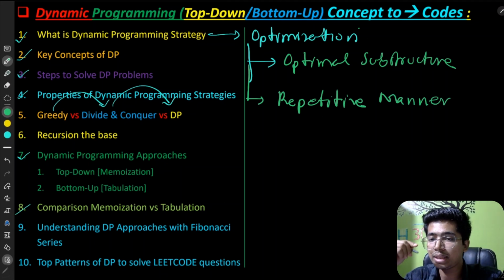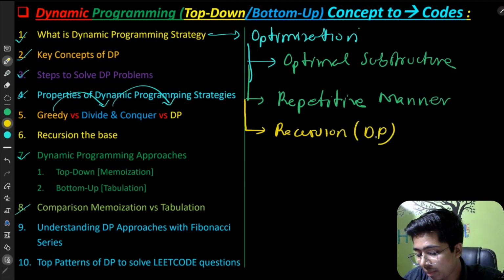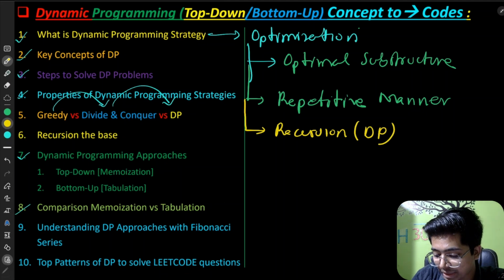Third, if we see that in some problem we are able to apply recursion, that means we should understand that this is the place where we can apply dynamic programming. So this is all about the dynamic programming strategy.